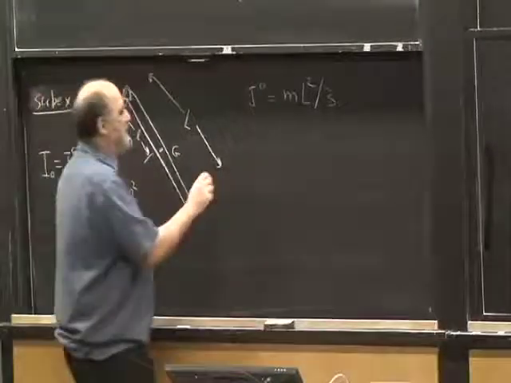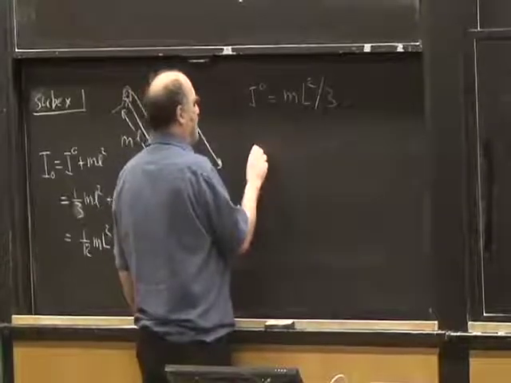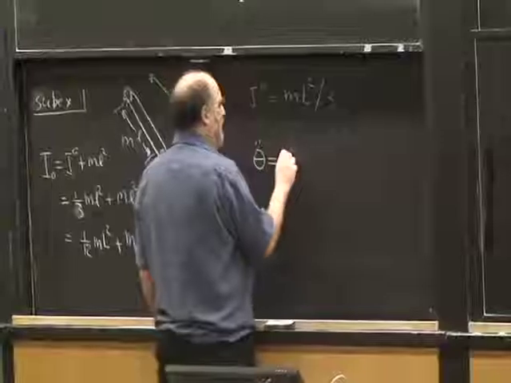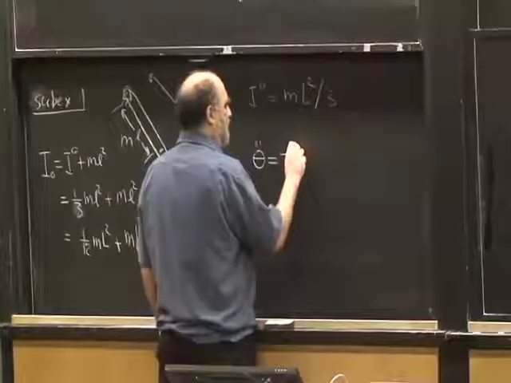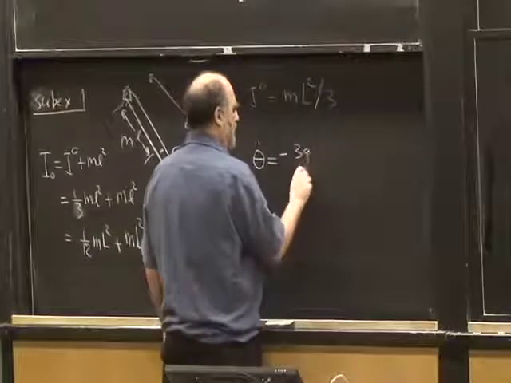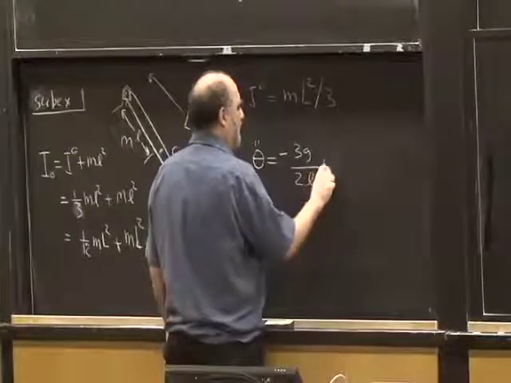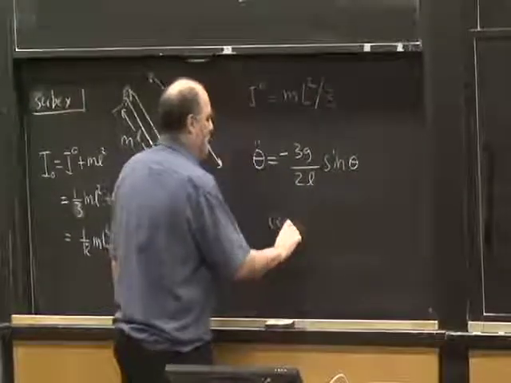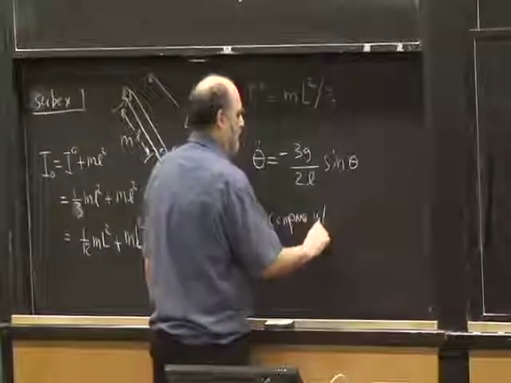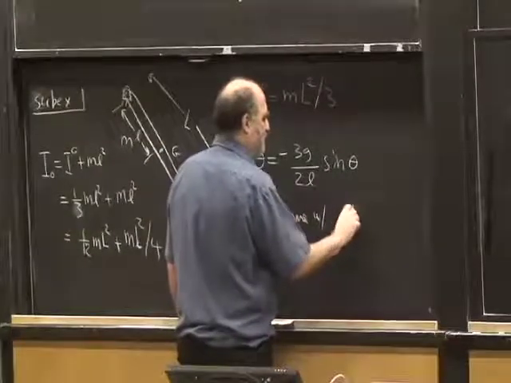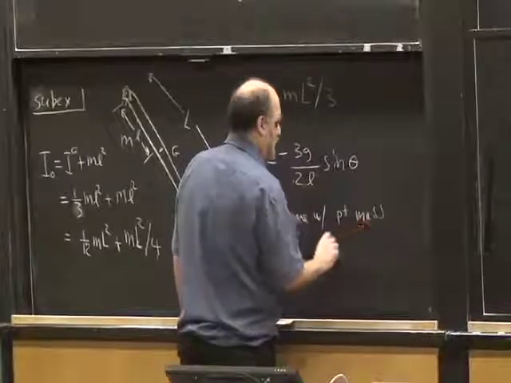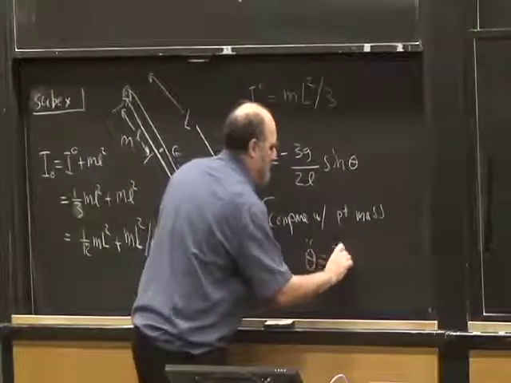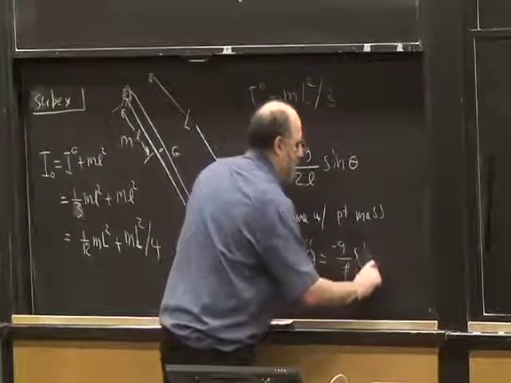What does that do to our pendulum equation? It turns it into theta double dot equal to minus 3g over 2L sine theta. And you compare this with the point mass, where we had theta double dot equals minus g over L sine theta.